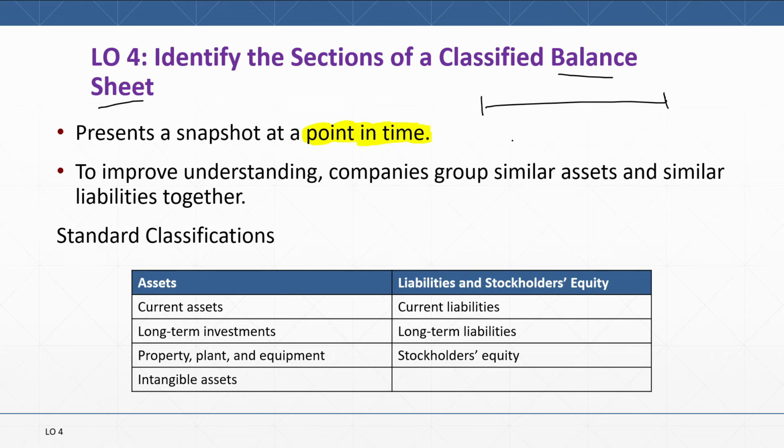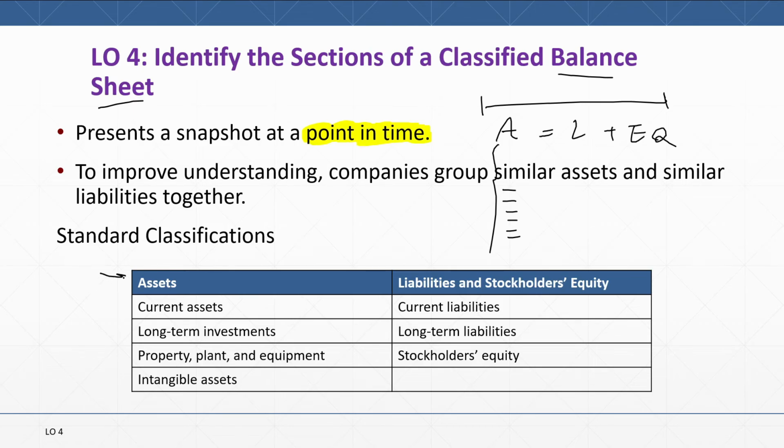We also learned that 3 account groups are reported on the balance sheet: assets, liabilities, and equities. In this learning objective, we learned that these account groups can be classified, can be categorized into some groups.